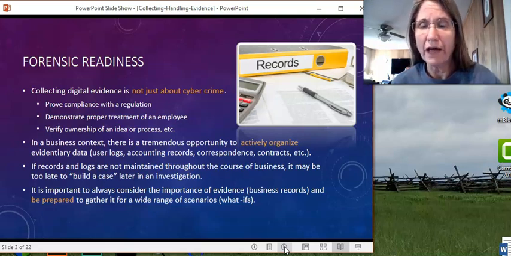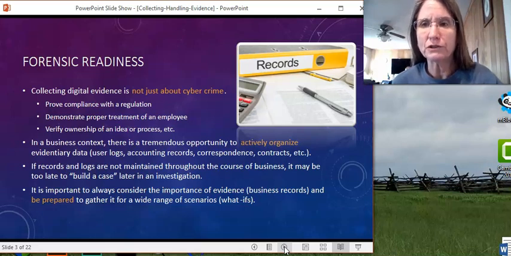So in that business context, there is just a tremendous opportunity to take a proactive approach to all of this evidentiary data.